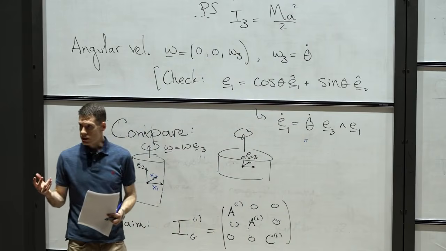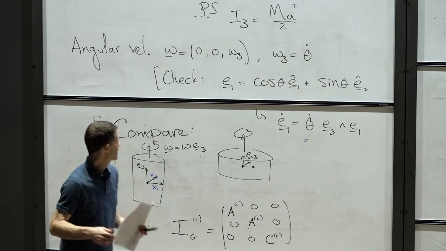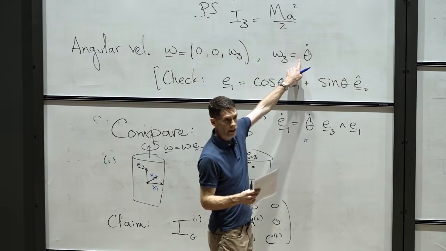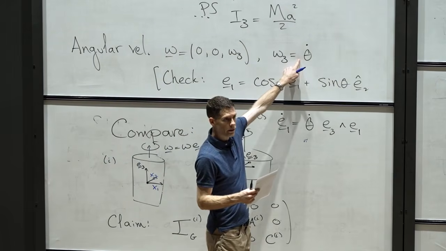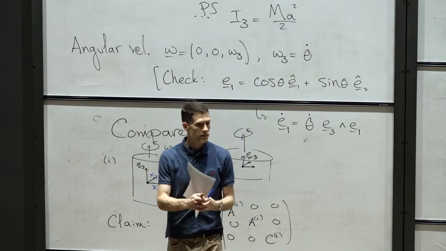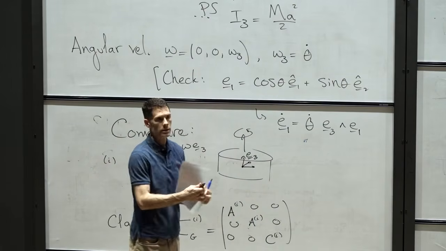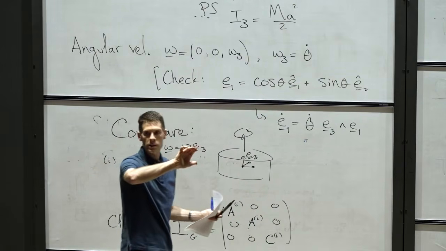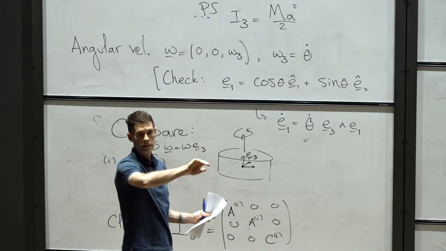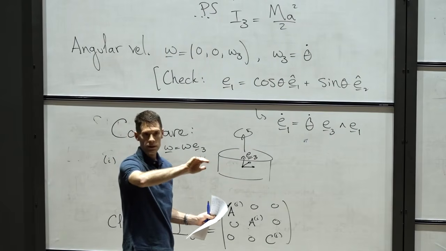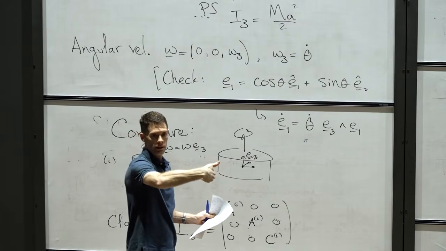It's also worth convincing yourself that this should be a positive theta dot and not a negative. And the way to think about that is if I have my right thumb aligned with E3, so E3 is into the page, and theta increases, is that a positive rotation, right-handed rotation? Right?